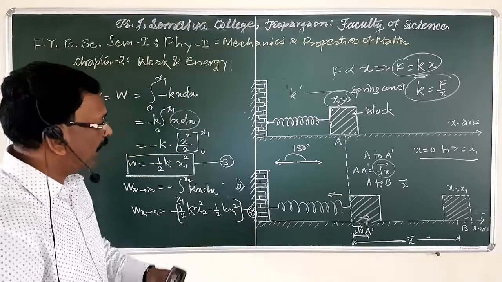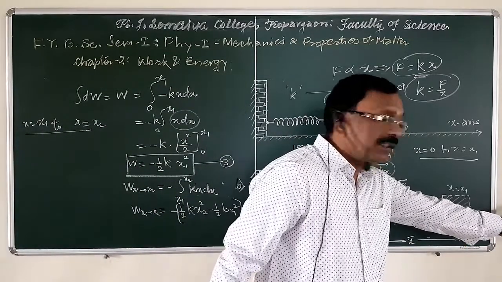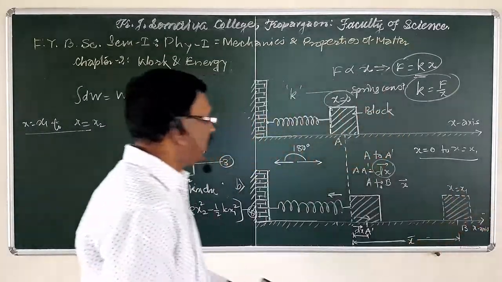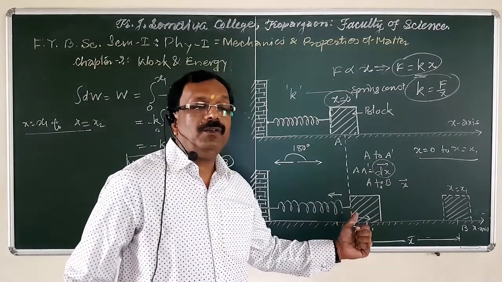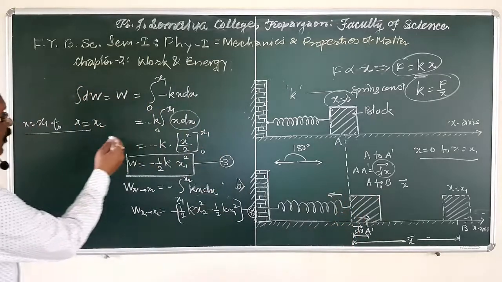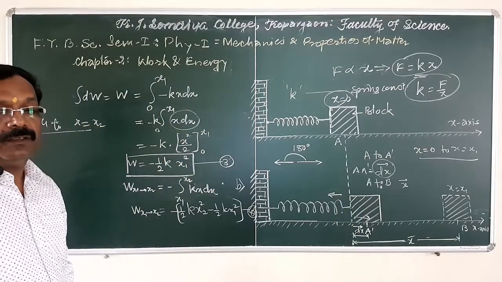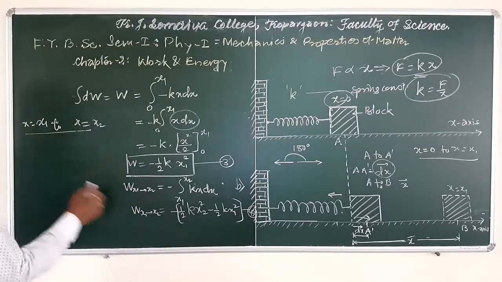Now when again the block is moving from x2 to x1, it is not shown in the figure, that is the block is brought back. Now if the block is brought back to position x1 from x2, what will be the work done by the spring force?